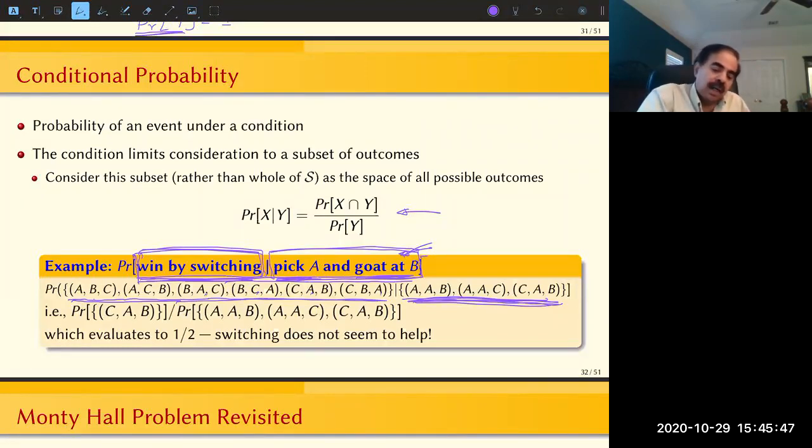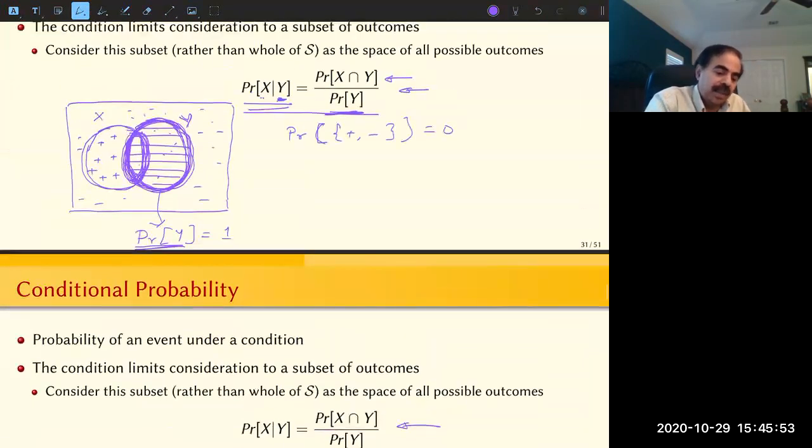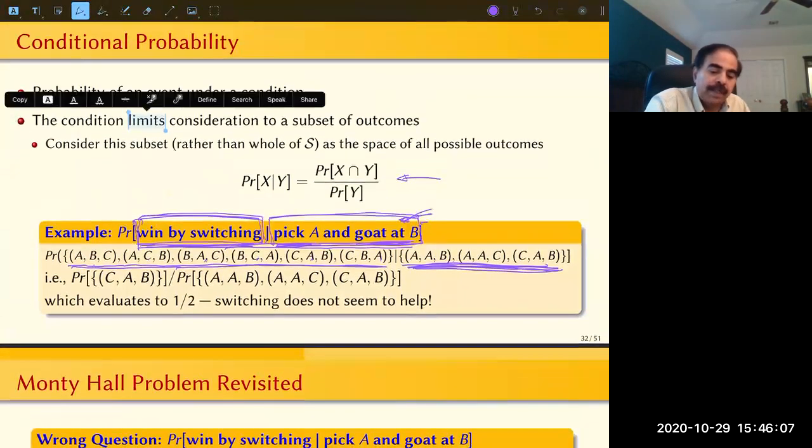What we can do immediately is remember this picture: we take what is in the intersection, and divide its probability by the probability of the whole y part. The whole y part here corresponds to 3, and the intersection, if you look through, you will find there is only one element common between this set and this set.